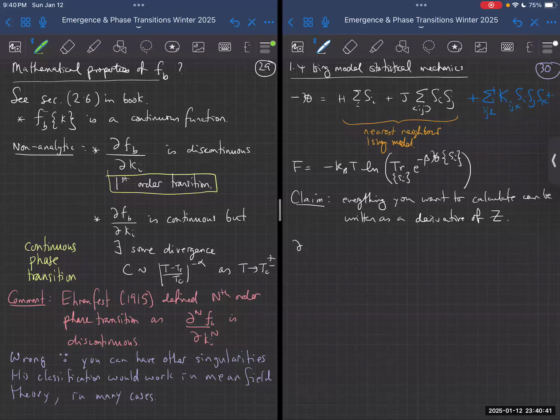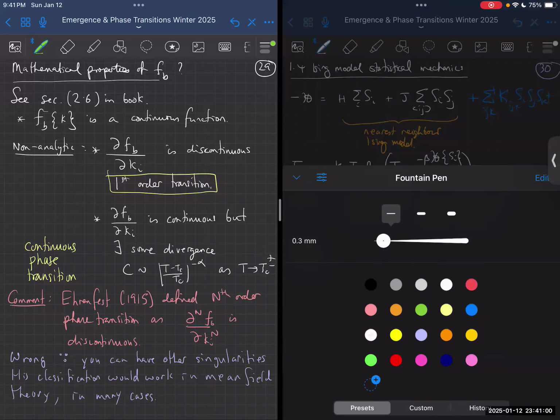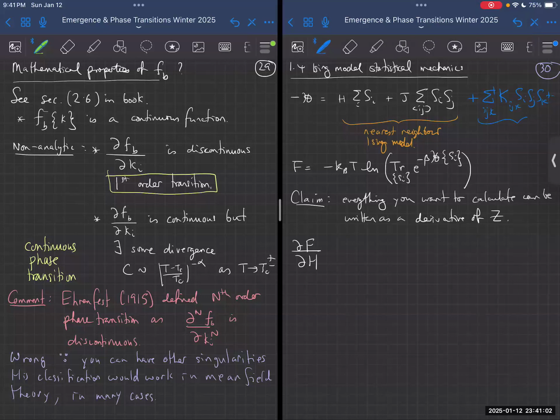So let's have a look at, say, dF by dH. Let's take the derivative of this. First of all, you've got a logarithm, and then you've got the trace, and you've got e to the minus beta times the Hamiltonian, and all this stuff in there. We're going to ignore all of this thing here. We're just going to look at the nearest neighbor Ising model.